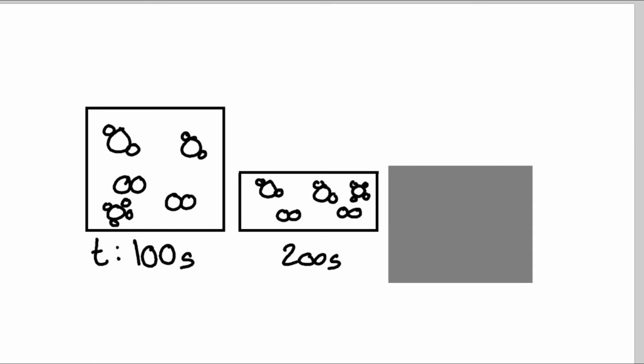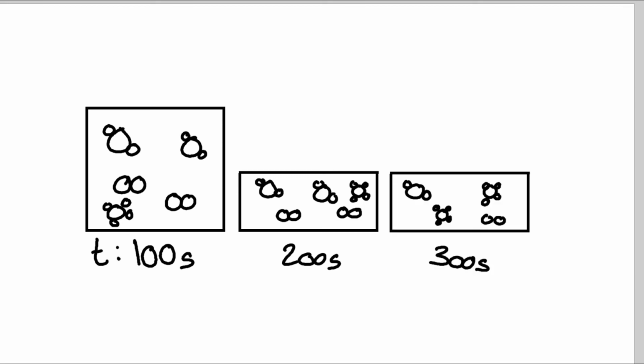And so if we assume that those two reactants are coming together, which it looks like they are, to form that product, which is the big circle with four little circles, we can assume that there are more moles of gas on the reactant side than the product side, meaning that more product is going to be formed in the next step of the reaction. And if we look at the picture for 300 seconds, or the next step of the reaction, we can see that that is correct, and that more product was formed because that side was favored by the equilibrium.